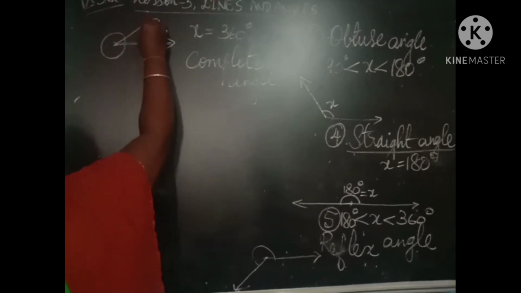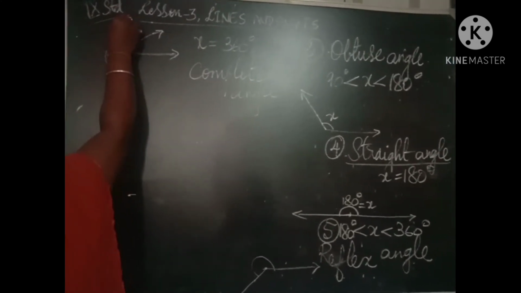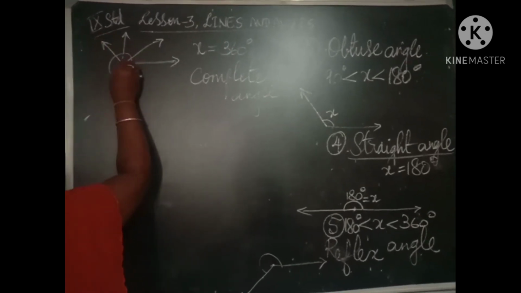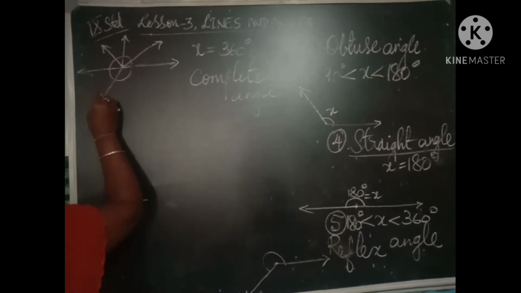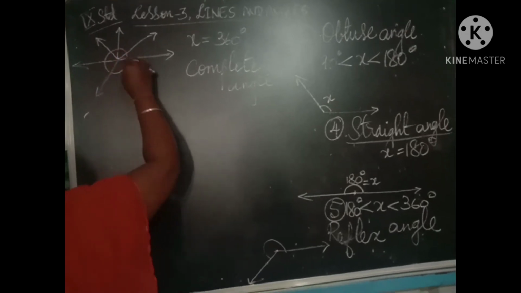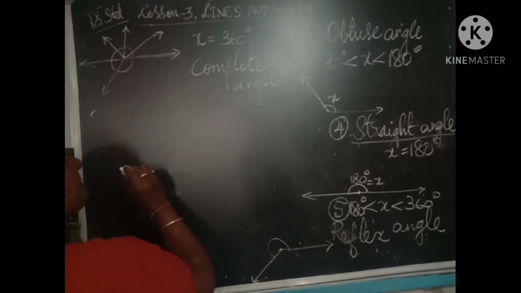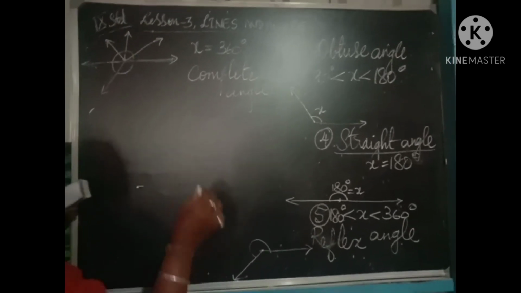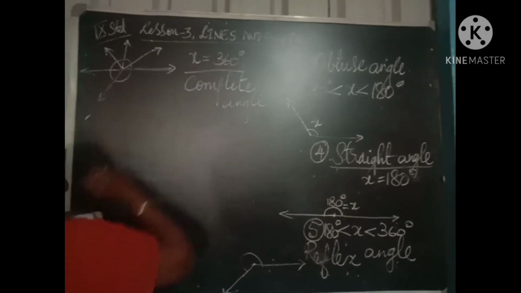This is acute angle, then right angle, then obtuse angle, this is straight angle, this one reflex angle, and when it comes all the way around like this, it is a complete angle. Exactly, we can give the example of a circle. Understood? So the sum of the angles of a circle is always equal to how much? 360 degree.